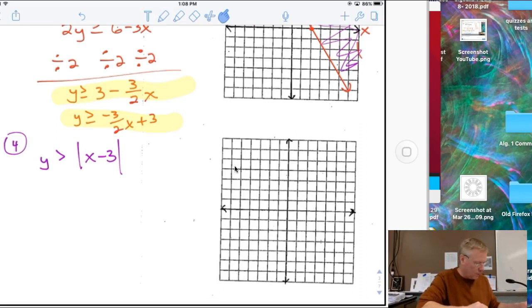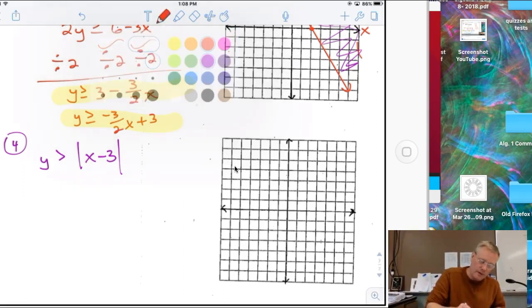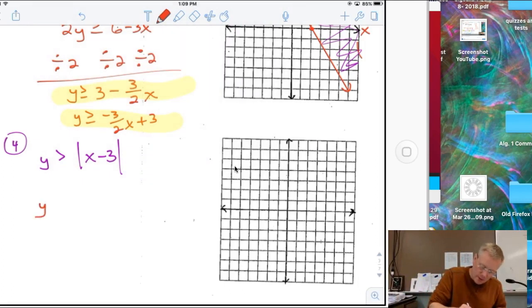Okay, so now you're going to have to think back to the last video. If I was just to, let's take it one thing at a time. Let's graph the absolute value part. Suppose I was just going to go graph this.